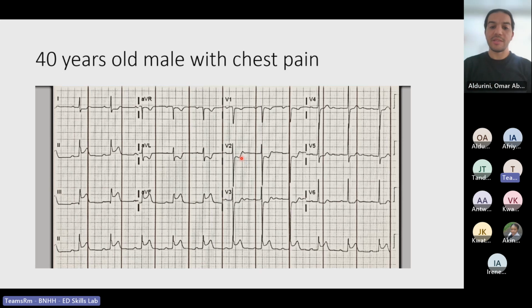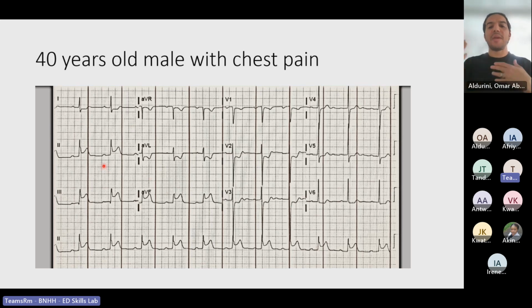So when we see an elevation in an area of the heart, for example, in this example we have an elevation in 2, 3, and AVF, and these represent the inferior wall. We will call the ST segment depression in other leads reciprocal changes, which means a mirroring effect as well.